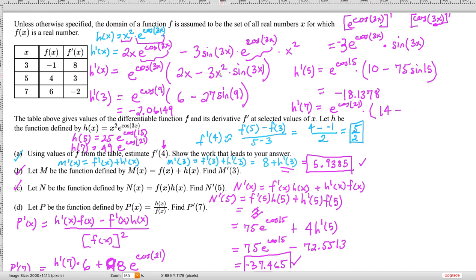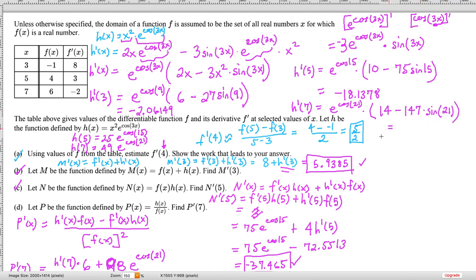Because 7 squared is 49. 49 times 3 is 3 less than 150, 147, since 50 times 3 is 150. So 3 less than that is 147 times sine of 21.